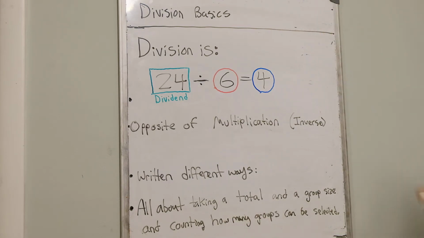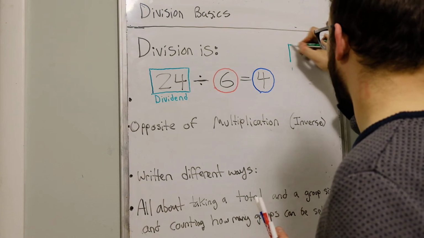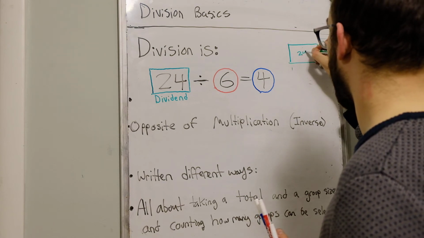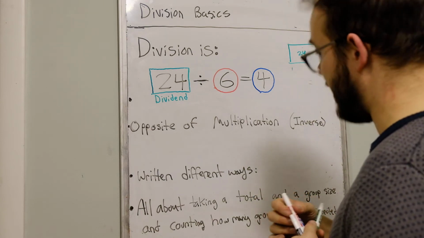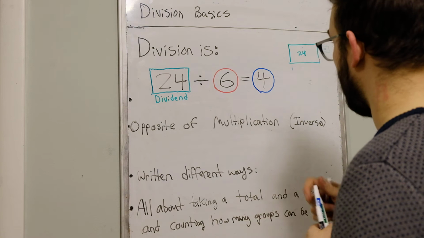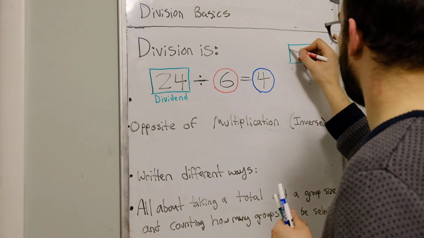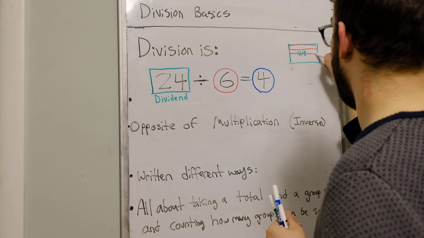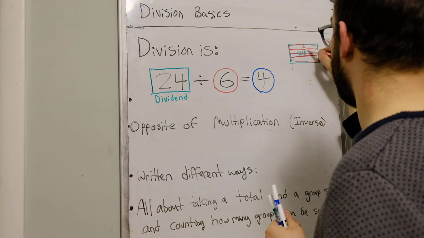And it equals that because if we took a quantity of 24, whatever that would look like, and we split it into groups of 6. So we're going to chop this into groups of 6. So there's groups of 6. Each of those has 6 in it.